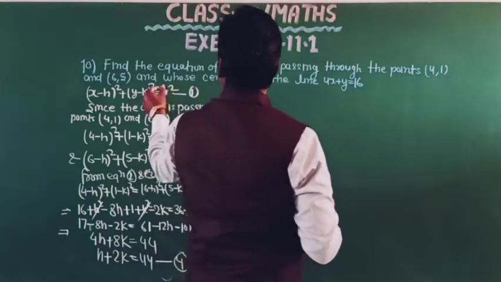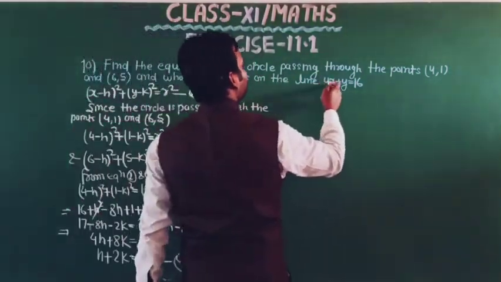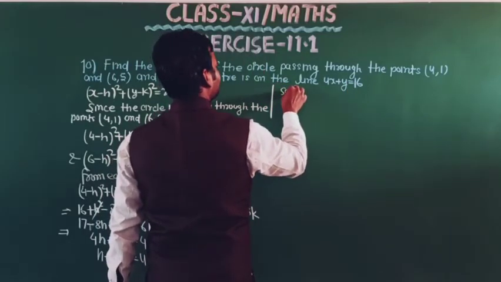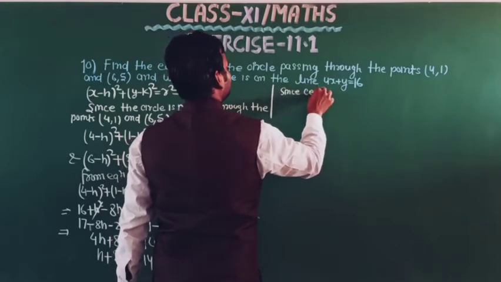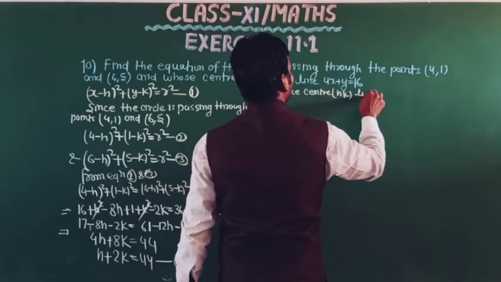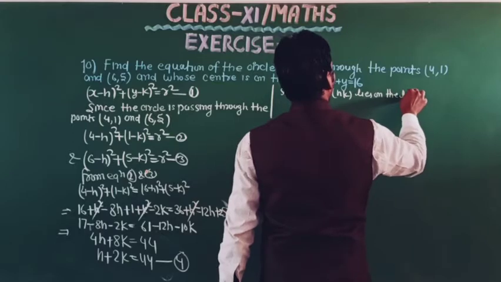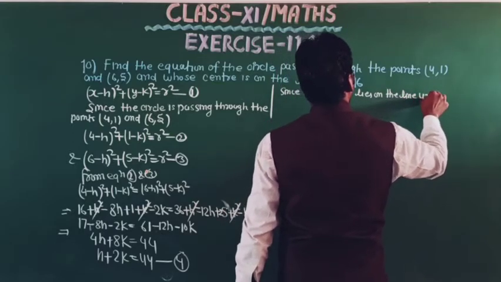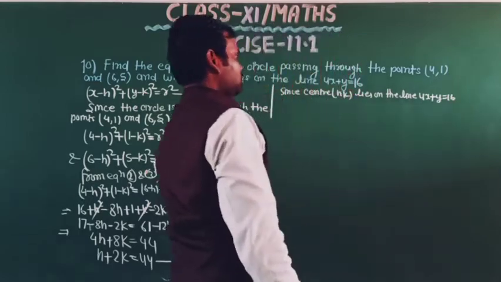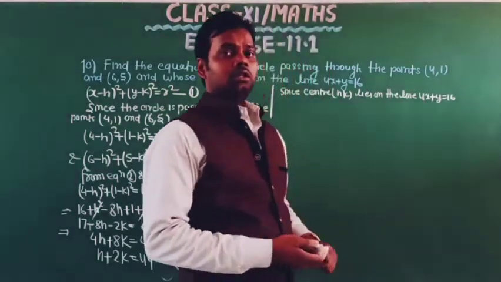And we have also been told the center lies on the line 4x + y = 16. So since the center (h, k) lies on the line 4x + y = 16, this means the center has to satisfy this equation.